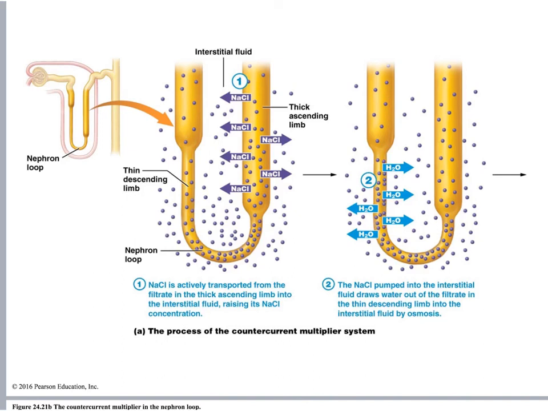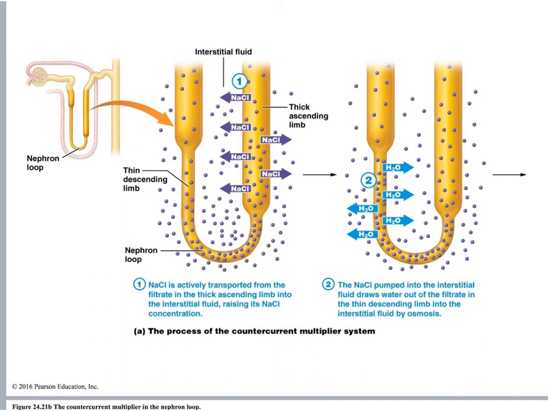Okay, so we start, and this is a positive feedback mechanism. Here in the thick ascending limb, salt moves out and produces a concentration gradient in the interstitial fluid. On the other side, water is leaving the loop because it is permeable to water.